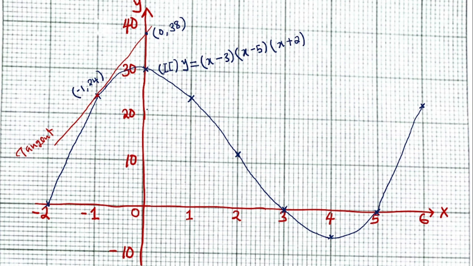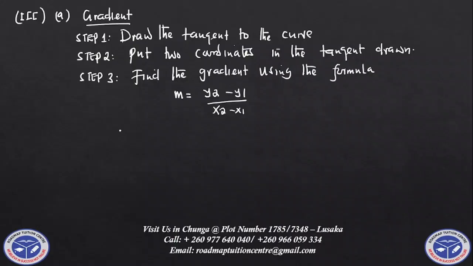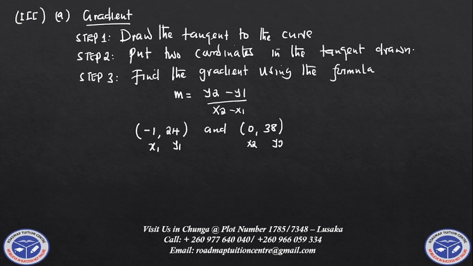Once we are done with that, we'll substitute these values in the formula for gradient. The coordinates that we picked are negative 1, 24, and 0, 38. So we've got x1, y1, x2, y2 there.